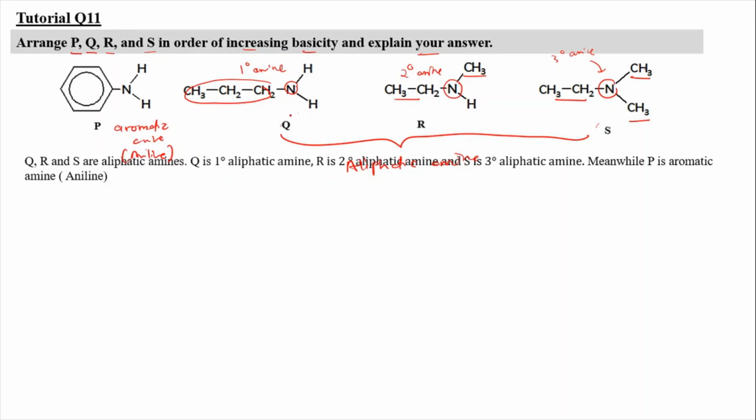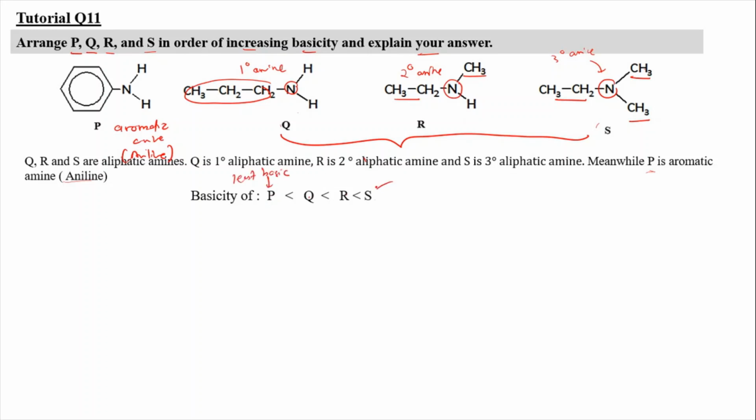Q is a primary aliphatic amine, R is a secondary aliphatic amine, and S is a tertiary aliphatic amine. Meanwhile, P is an aromatic amine known as aniline. And in the increasing order of basicity, S is the most basic, followed by R, followed by Q, and then followed by P, which is the least basic.